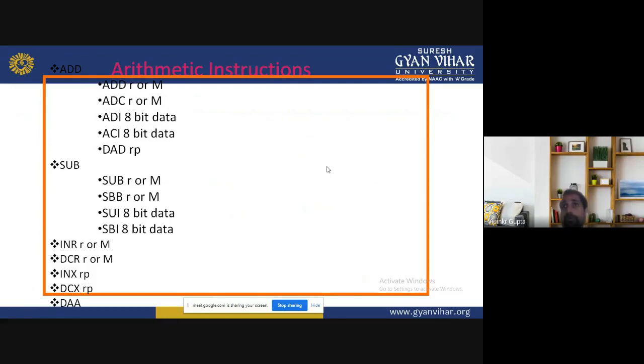When we are performing the operation, the first operand is available in the accumulator, and the next operand is available in a register, in memory, or directly data is given. So we can perform these operations one by one, like subtraction, increment, decrement.